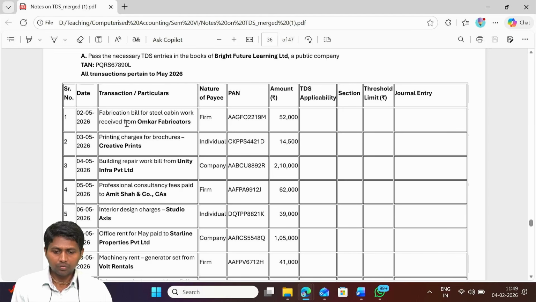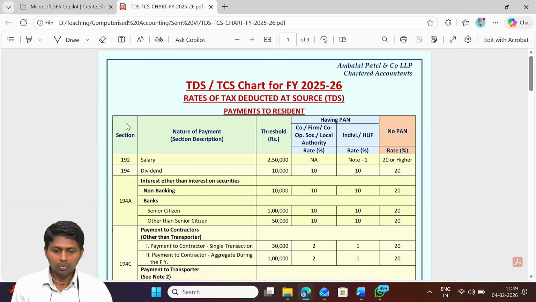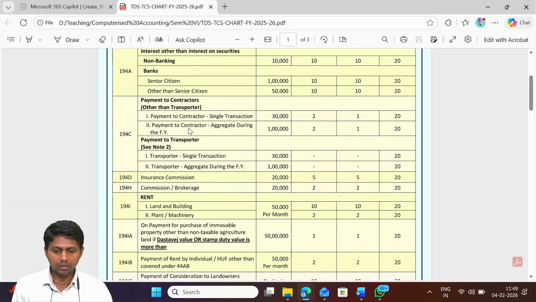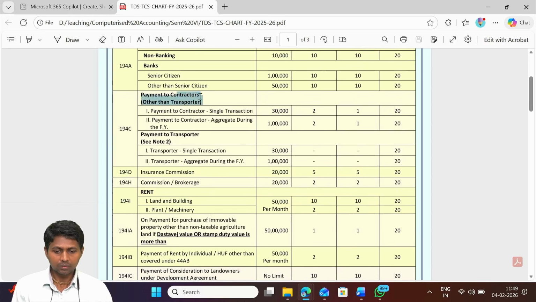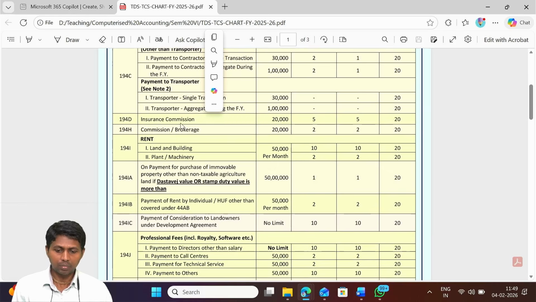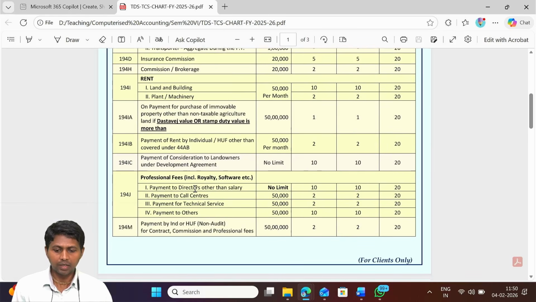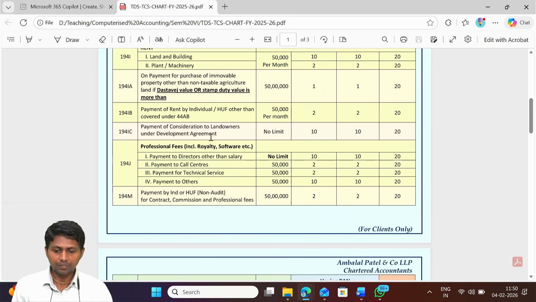Before solving the assignment, you must know what types of payments are covered under this TDS. In this TDS, by reading the notes, you will find salary is covered, then dividend, interest, payment to contractors. Almost all contractors are covered. And payment to transporters is a part. Commission, brokerage, rent, professional fee, payment of consideration to landlords under development agreement.